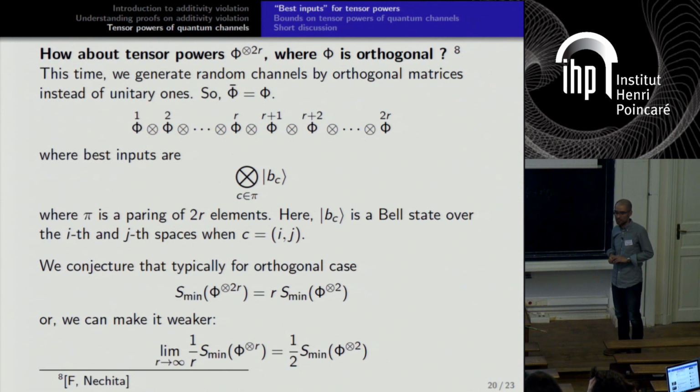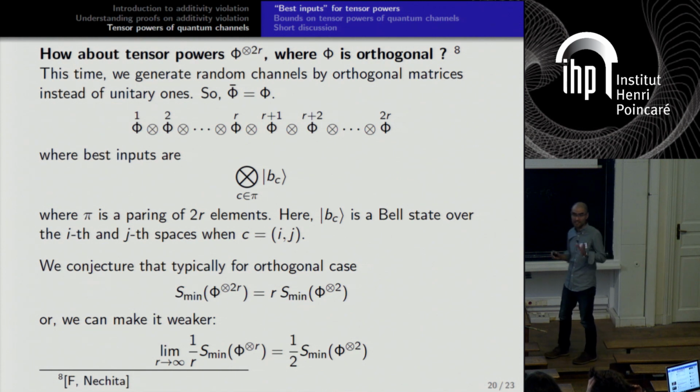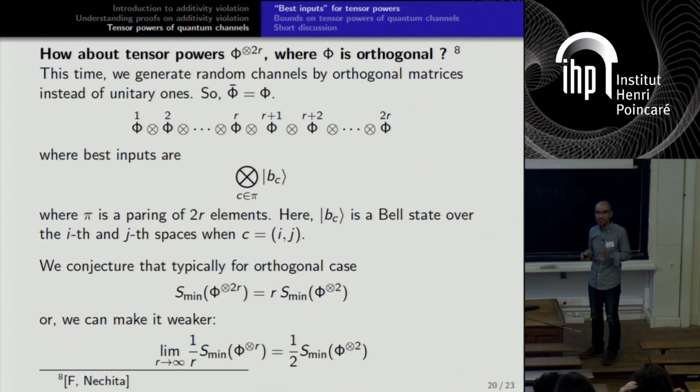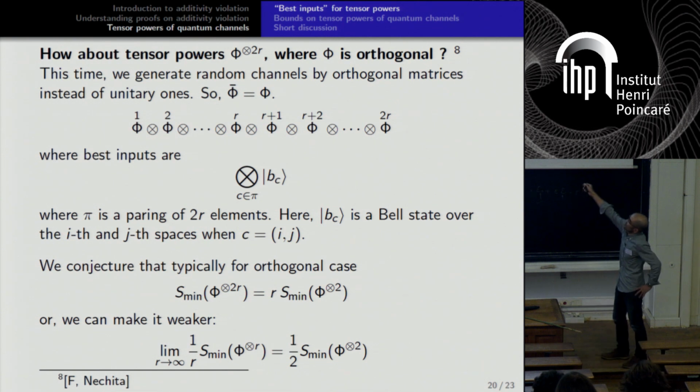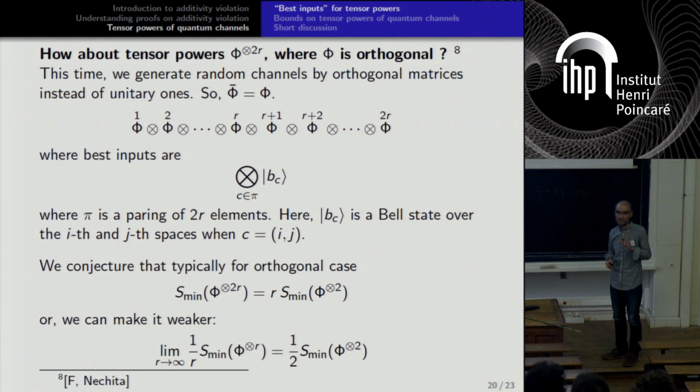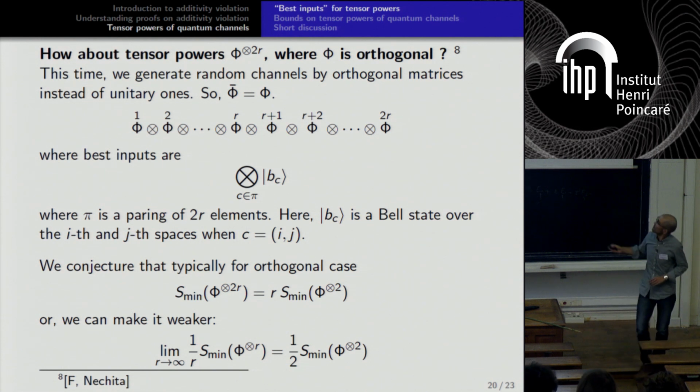I should have mentioned that the isometry so far is complex, so this can be generated by Haar unitary matrices. But here, to generate a random matrix, we just use an orthogonal matrix. Take an orthogonal matrix and truncate it to get some isometry, which is made from real numbers.